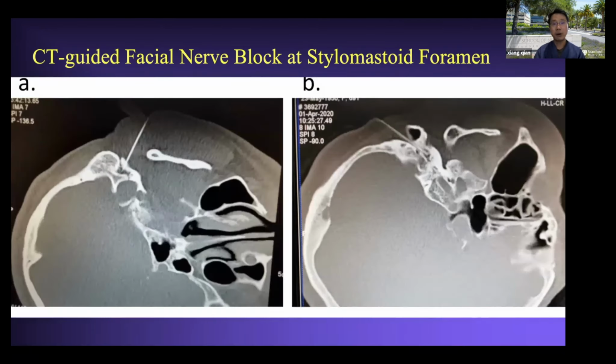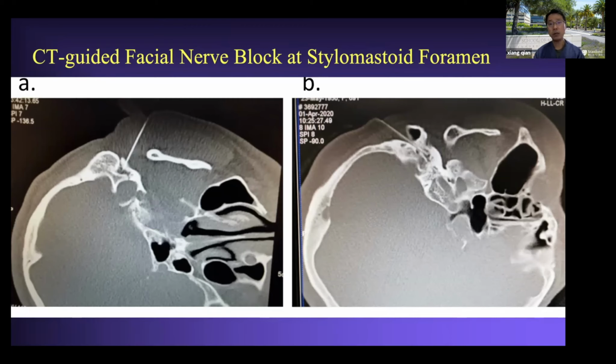So I know that our ENT colleagues have a facial nerve center here, and I really look forward to working together with you all. If you have patients who are suffering from facial nerve spasms, hemifacial spasms, who have failed Botox injections or medical management, or are not candidates for microvascular decompression, we're very happy to participate.